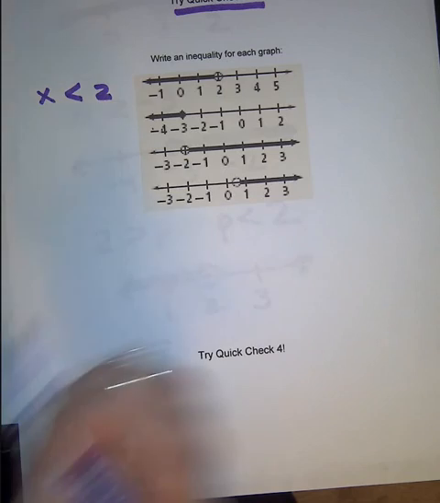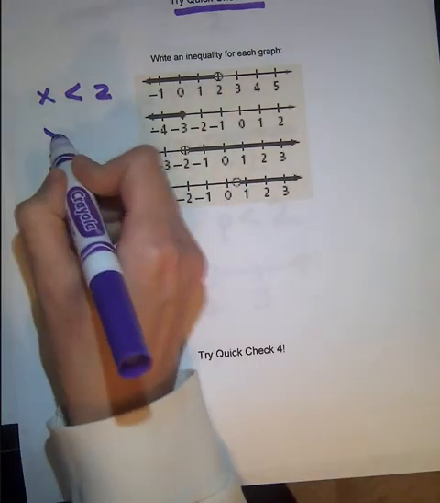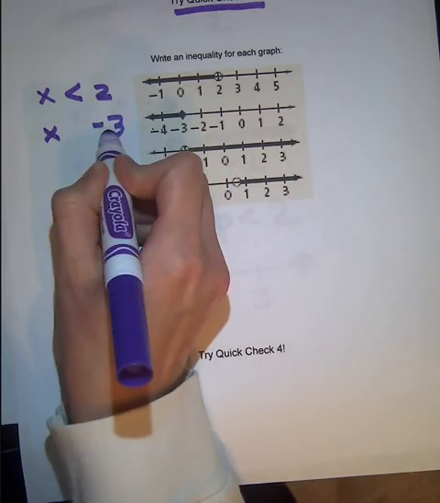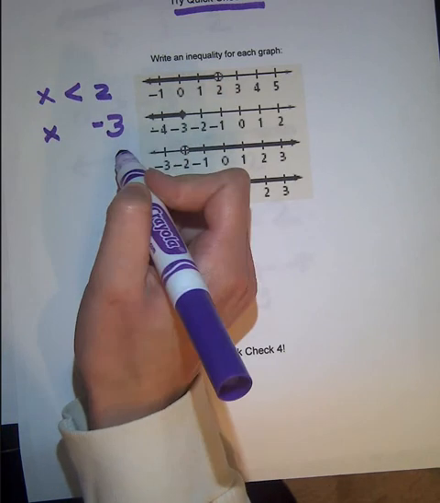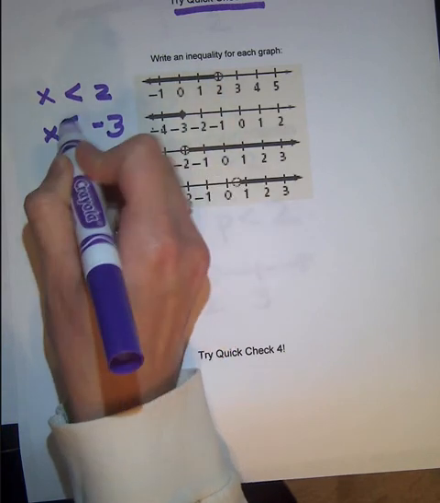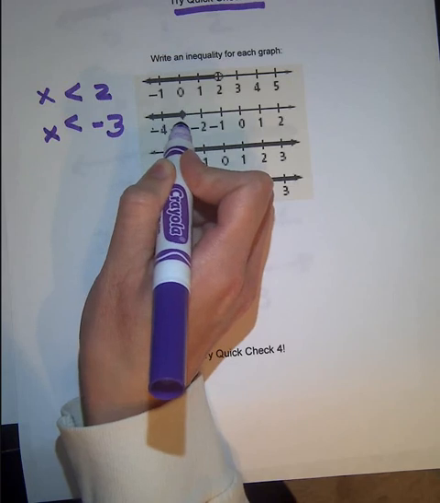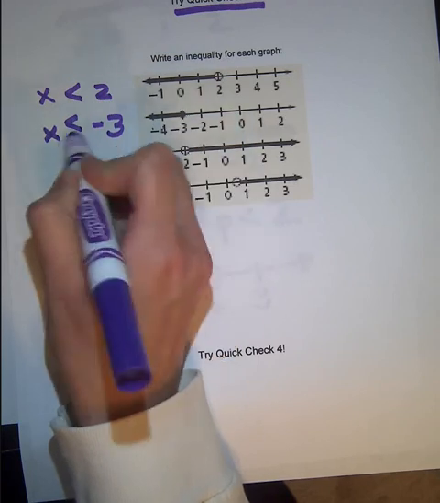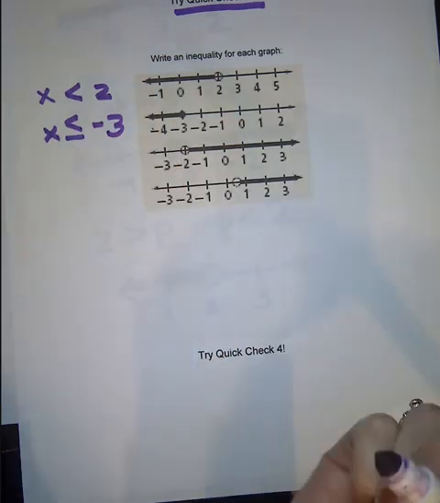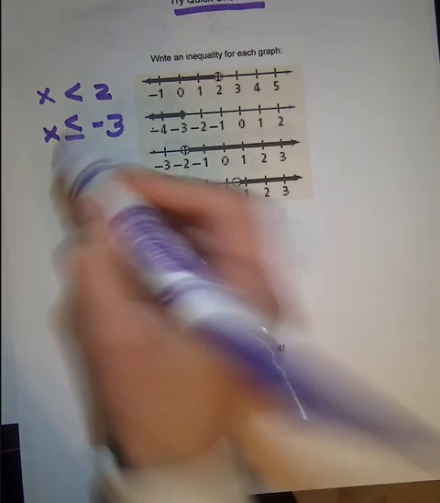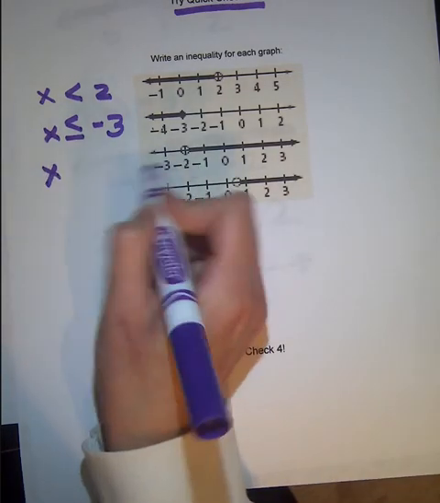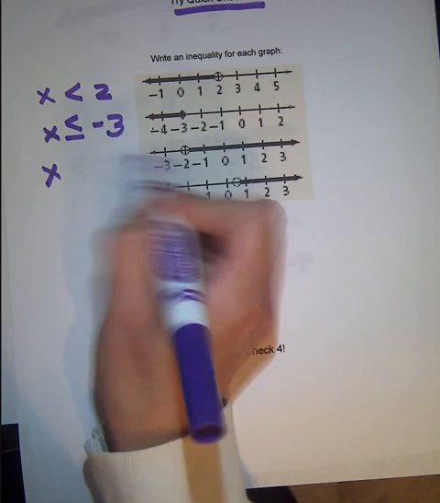For the second one, I'll put my x and my -3. And again, it's the numbers less than -3 that are shaded, like -4. But this one is a closed circle, so -3 is included in the solution, so you need to put equal to. For this next one, I'm going to write down my x again, and I've got my circle at -2.